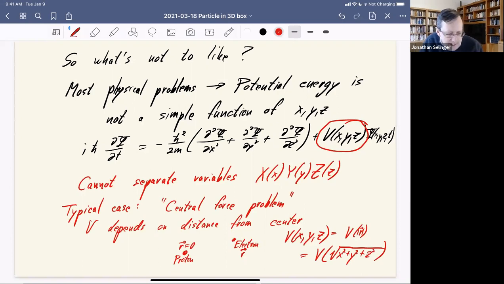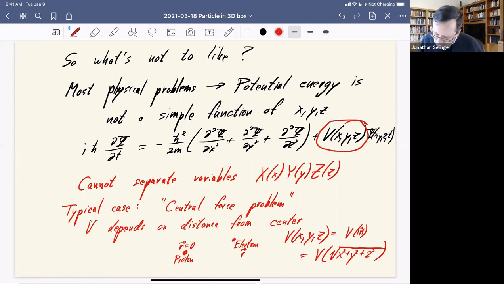So this is a problem that doesn't work in separation of variables between x and y and z, right? If you try to do that, you don't get the nice kind of equation that you're looking for.